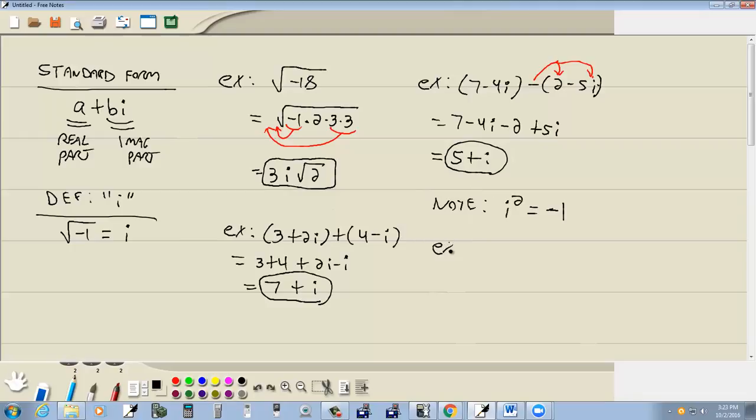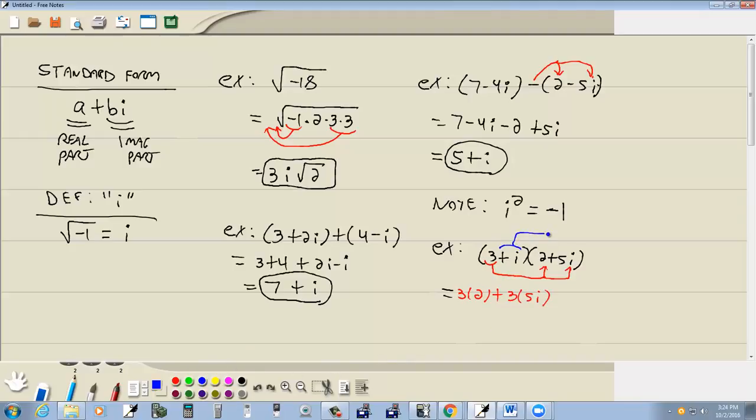So let's take a look at 3 plus i times 2 plus 5i. Well, this is just like FOILing. We're going to take the 3 here, multiply it times the 2, and multiply it times the 5i. So that's 3 times 2. That's 3 times 5i.